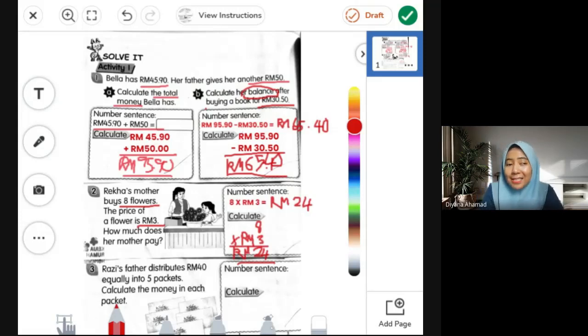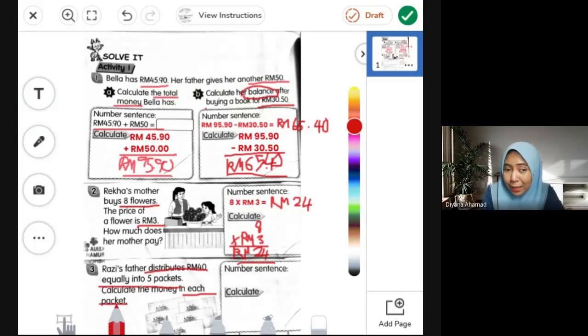Razi's father distributes, the keyword, distributes 40 ringgit equally into 5 packets. Second keyword: of course, you need to do what? Distribute equally, like we saw in the slide before. Divide. Very good. So calculate the money for each packet.